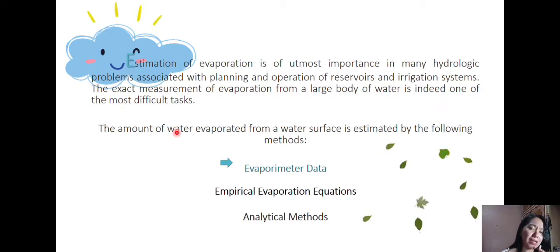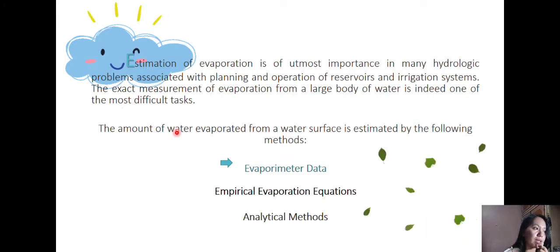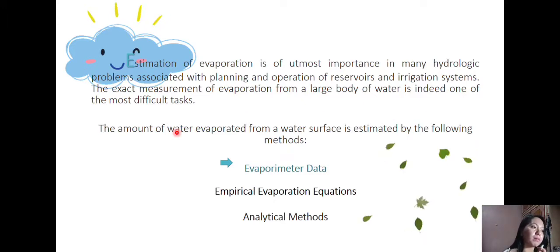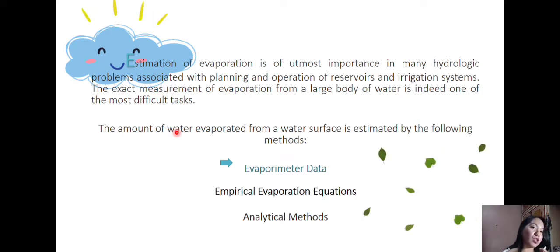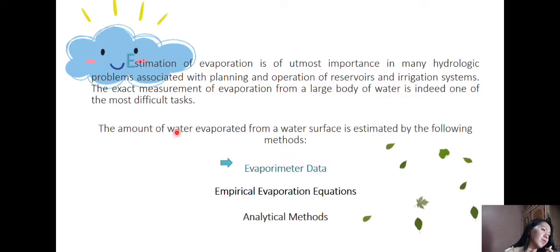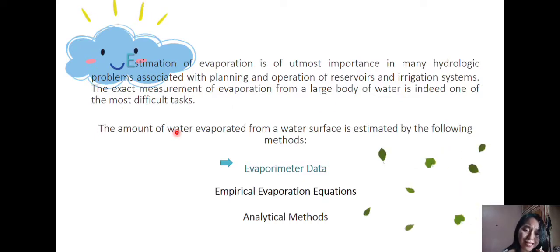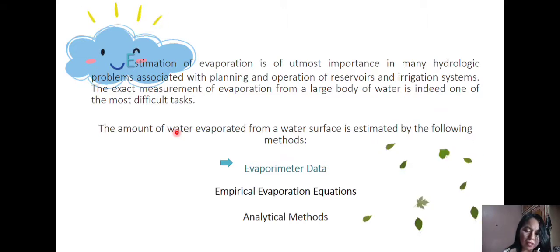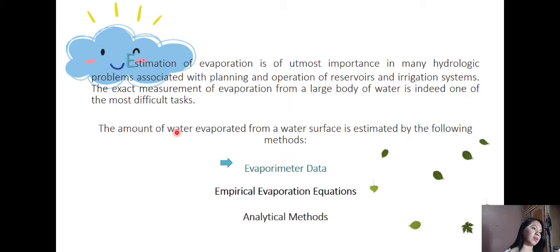Estimation of evaporation is of utmost importance in many hydrologic problems associated with planning and operation of reservoir and irrigation systems. The exact measurement of evaporation from a large body of water is indeed one of the most difficult tasks. In arid zones, this estimation is particularly important to conserve the scarce water resources.